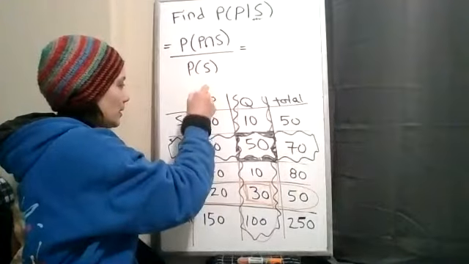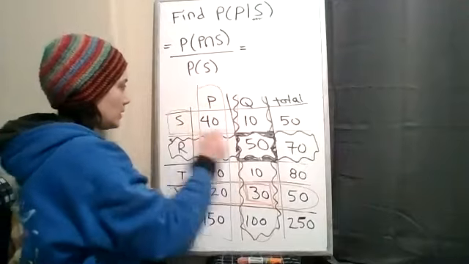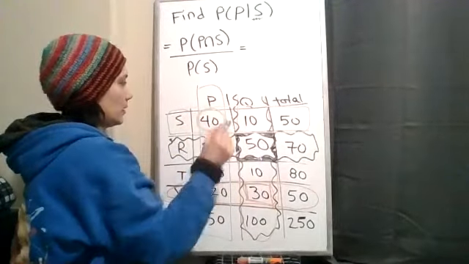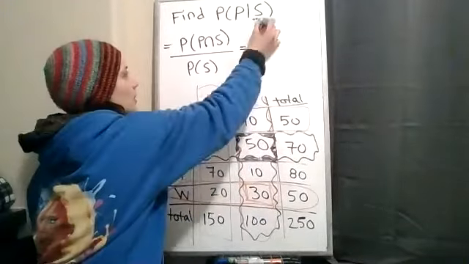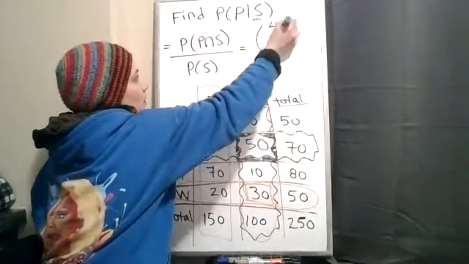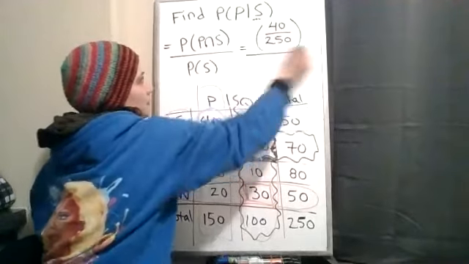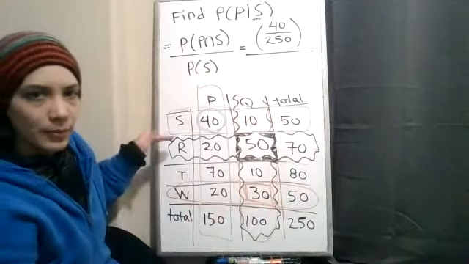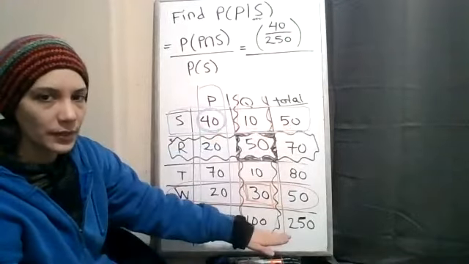P and S is 40. Now the probability for S will be this number here, 50 out of 250.